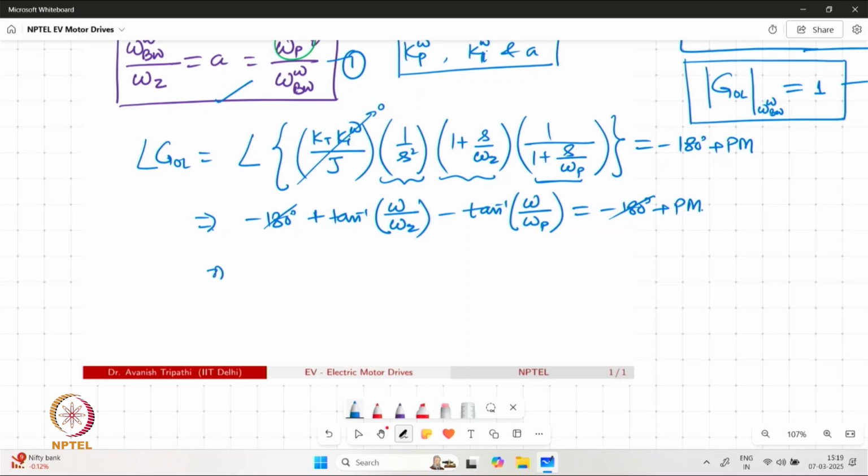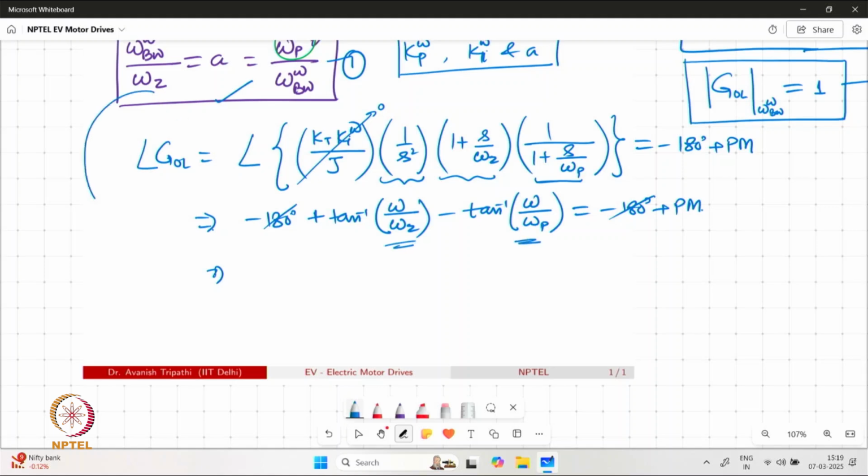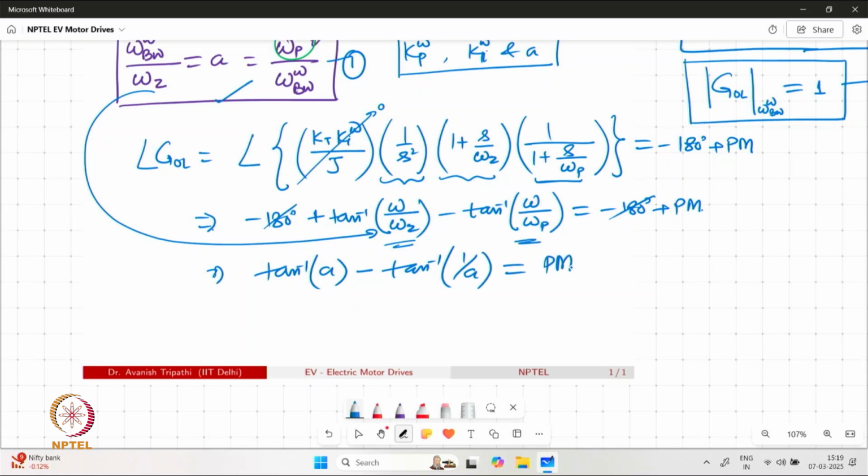So altogether what we are going to observe now, using the first condition, we can plug in this over here to simplify this as tan inverse of A minus tan inverse of 1 by A going to phase margin.